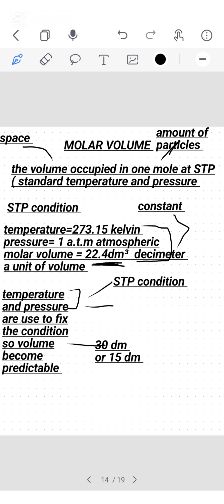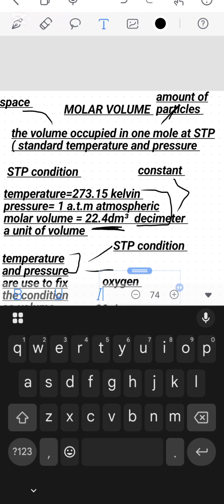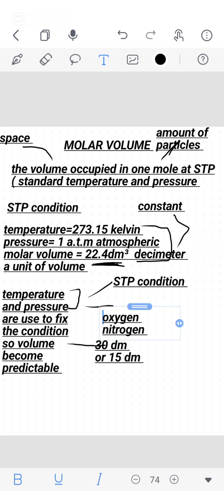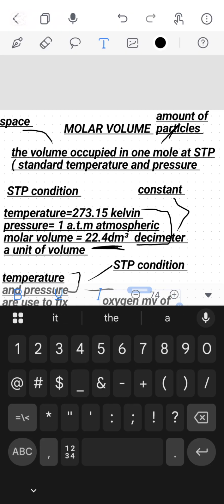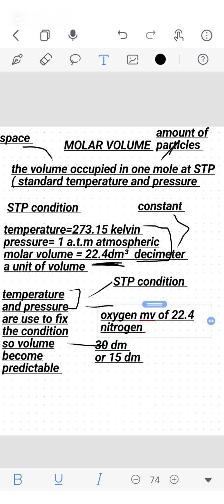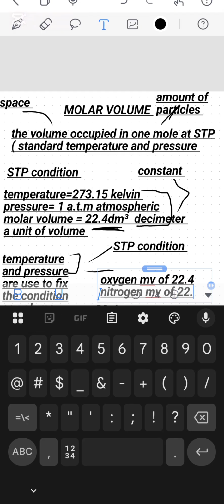If you bring all the gases, for suppose there is oxygen, there is nitrogen, oxygen has a molar volume of 22.4 and nitrogen also has the same molar volume of 22.4.